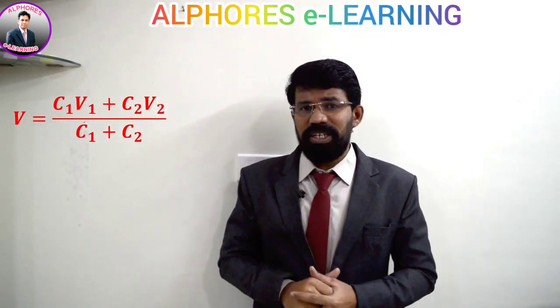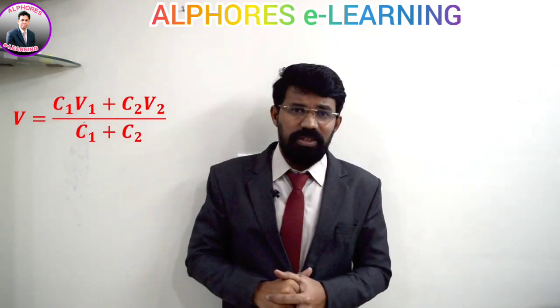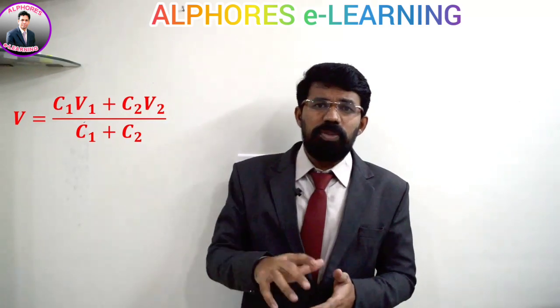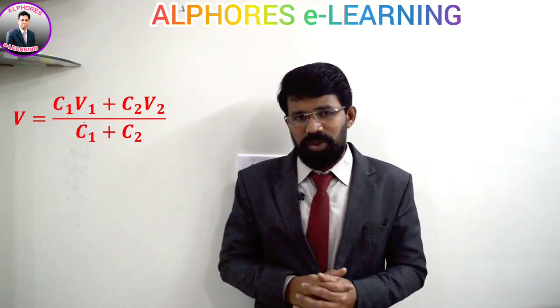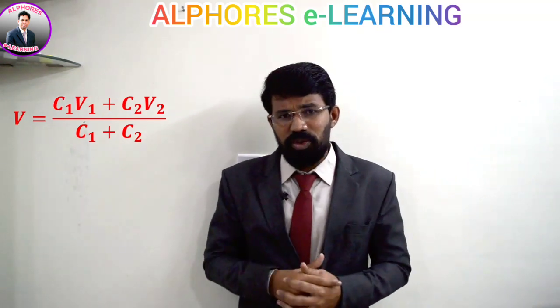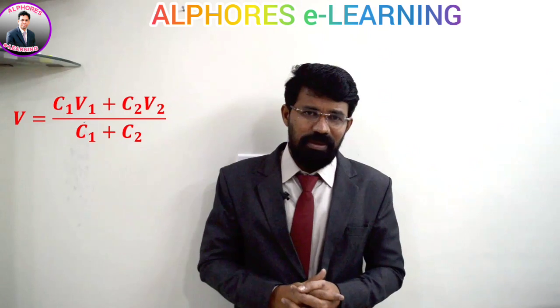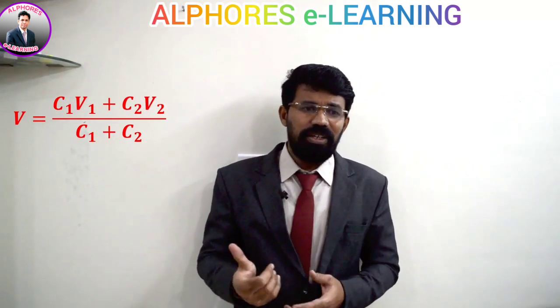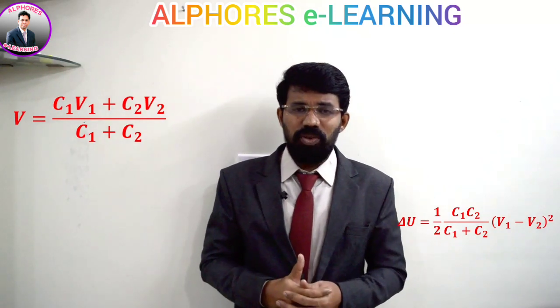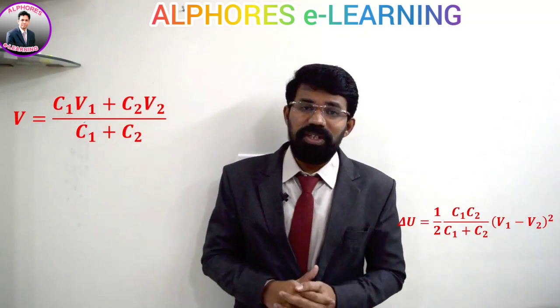After the charge is exchanged and they reach common potential, the two capacitors together possess some other energy, the final energy. There will be some difference between these two energies, and that difference dissipates as heat. The expression for the dissipated energy is, in this case, delta U is equal to half C1 C2 by (C1 plus C2) into (V1 minus V2) whole square.